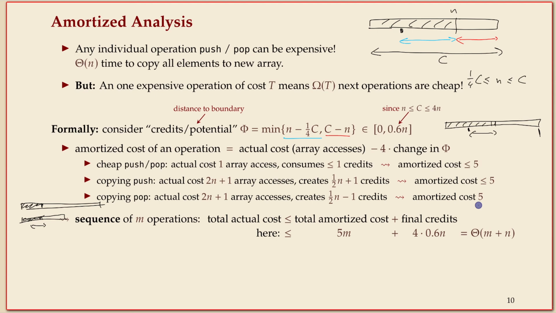And so why is this useful? If we have a sequence of m operations, and those could be any operations, we don't know, then let me maybe write this down.